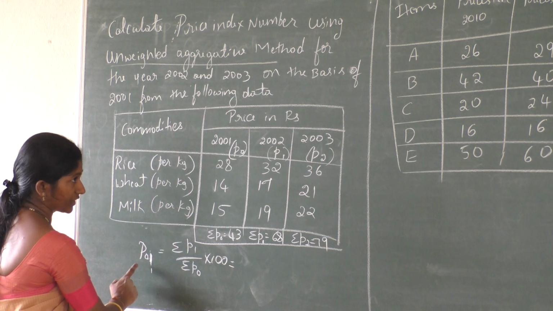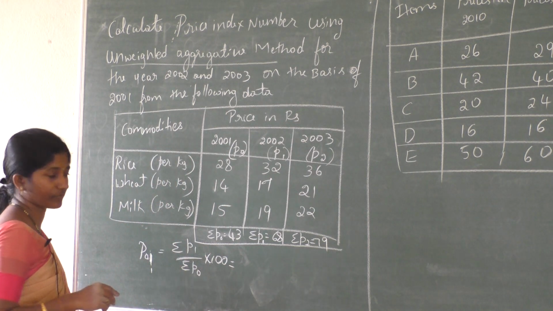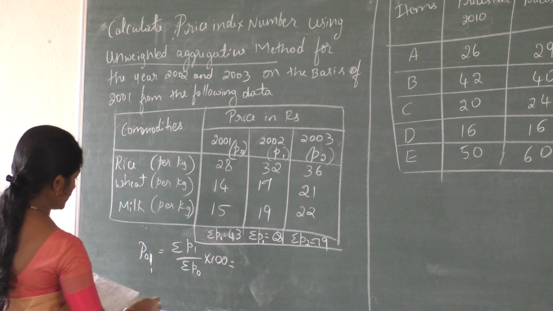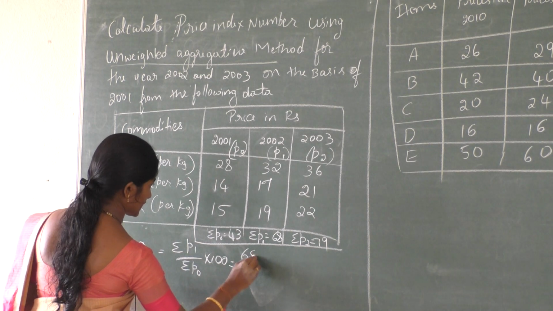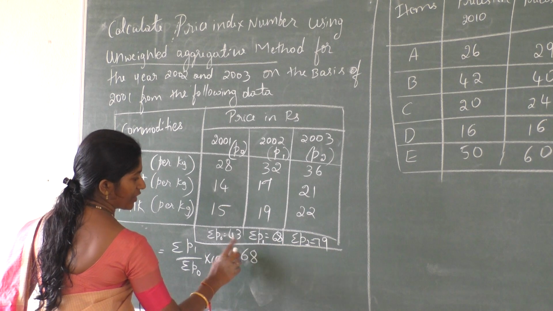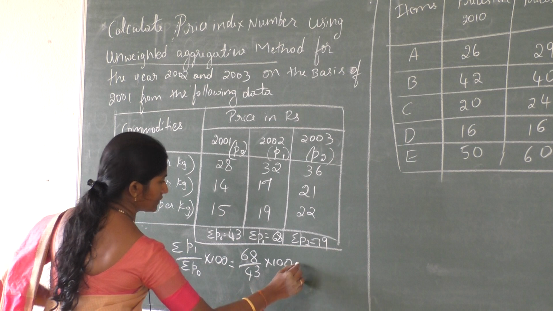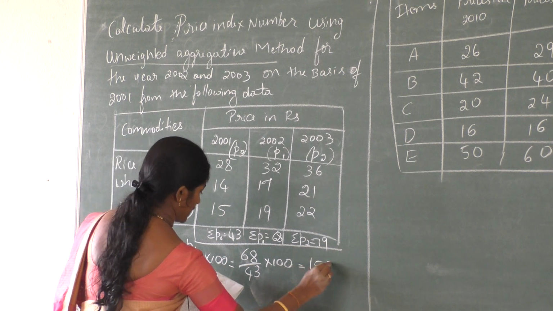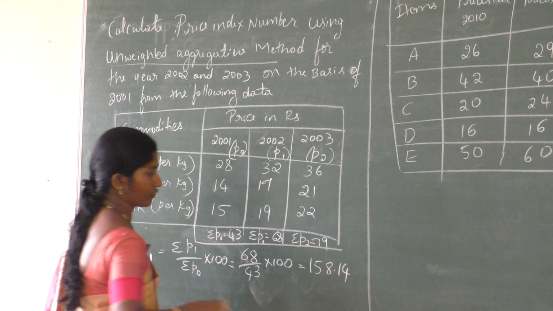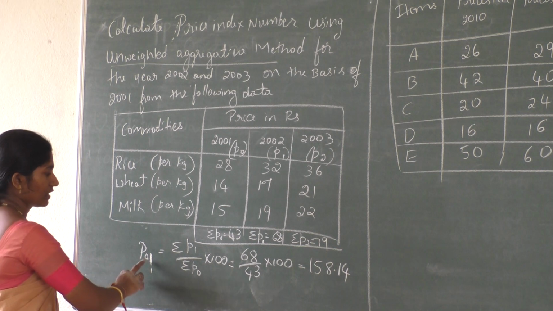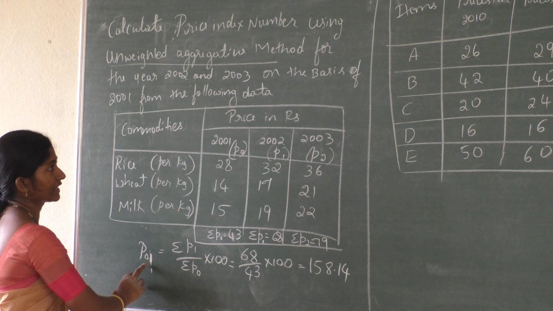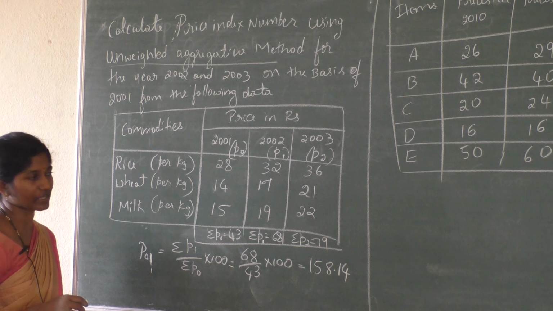Now we calculate P01, which equals summation P1 by summation P0 into 100. That is 68 divided by 43 into 100, and the answer is 158.14. Now we have calculated the unweighted aggregative index of 2002. 2002 is completed.